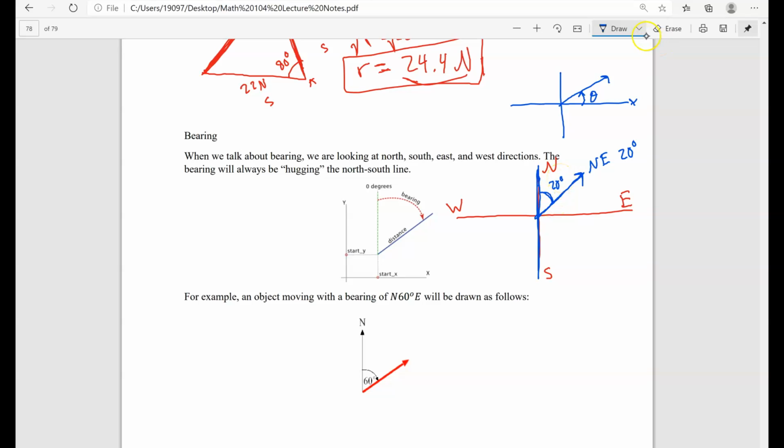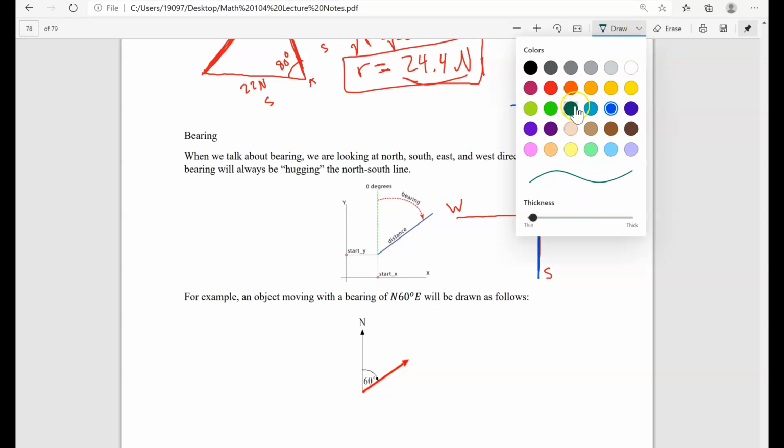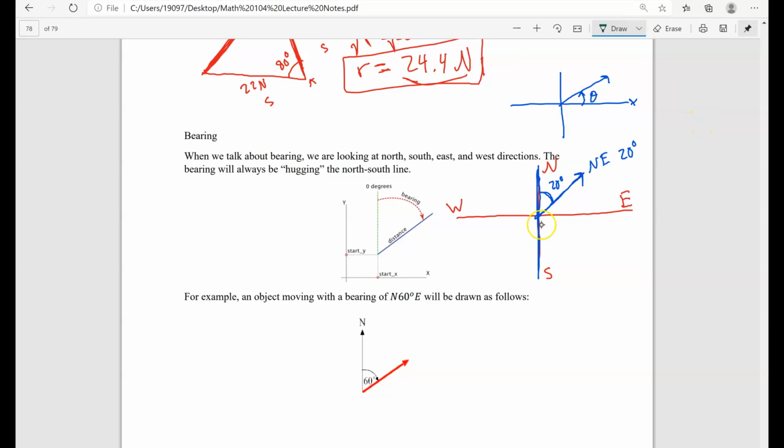Okay, if I have another vector that's going in the southwest direction, okay, so this is southwest, and the bearing in this case is 10 degrees, then this guy right here is going to be the 10 degrees. So this is really weird for us because we're so used to having the angle being in the x direction.